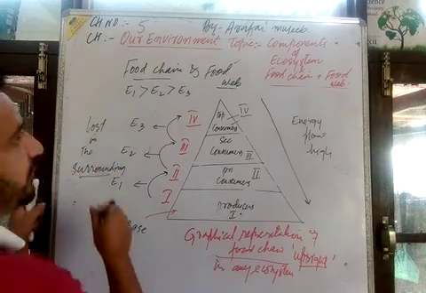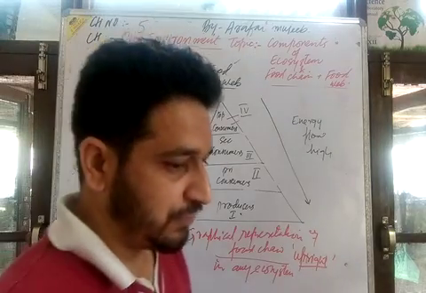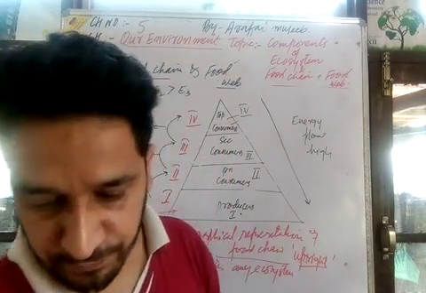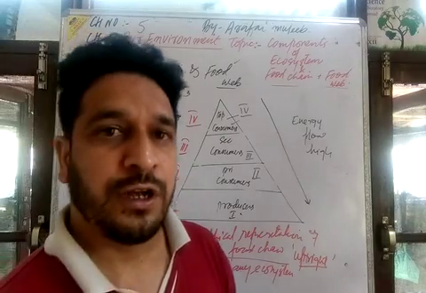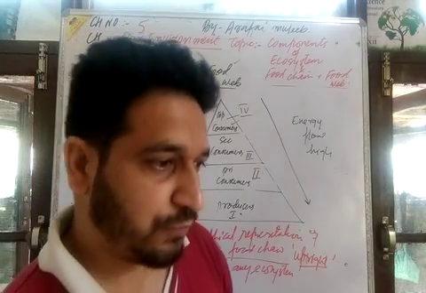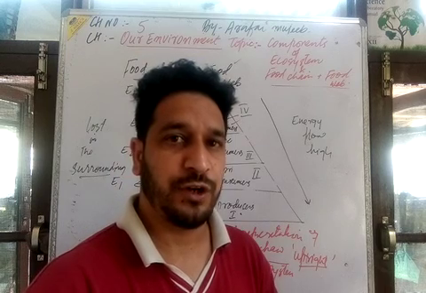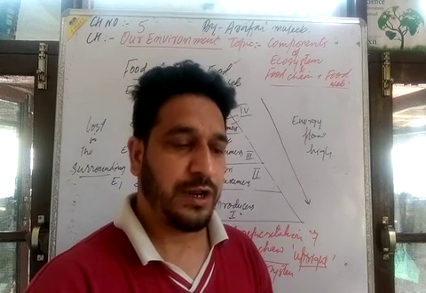Dear students, today's topic is components of the ecosystem and the food chain. What is a food chain, what is a food web, and how do you define the trophic levels? How is there a flow of energy in a food chain and food web?